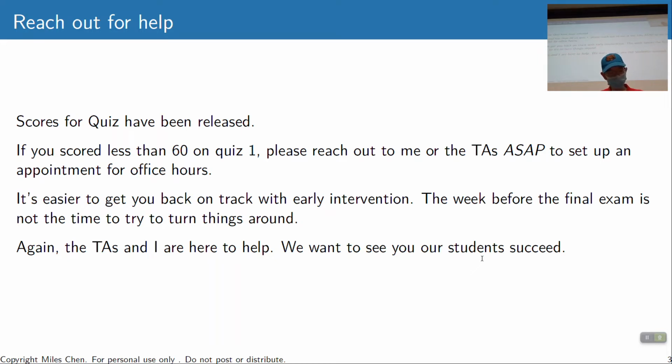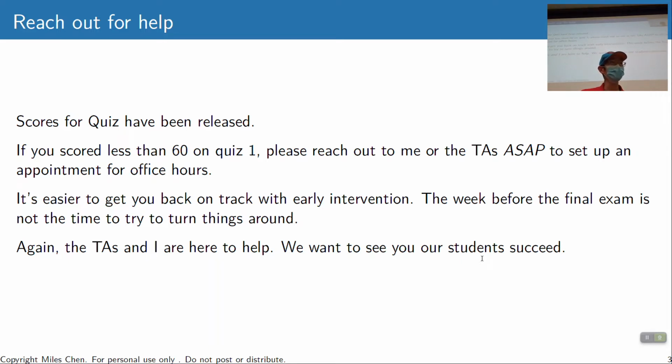The scores for quiz 1, I believe, have been released, and so those are published, and please review that. If any of you scored less than 60 on the quiz, please reach out to me or the TA as soon as possible, and come to office hours, and we'll try to get you back on track. The time to address any type of concerns with the content or material is early on, not later.